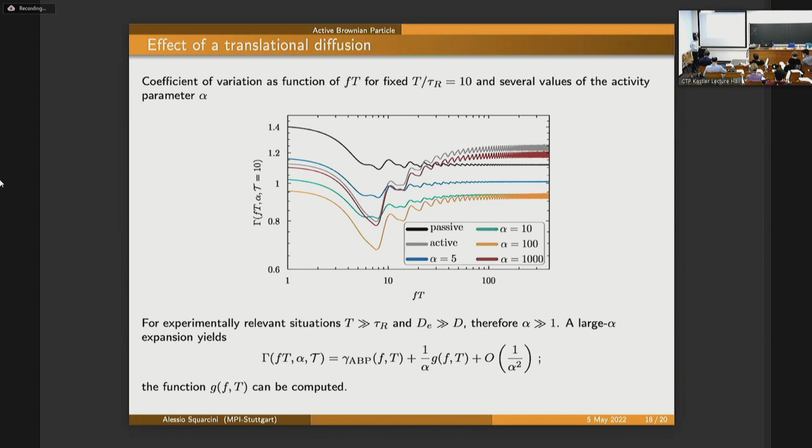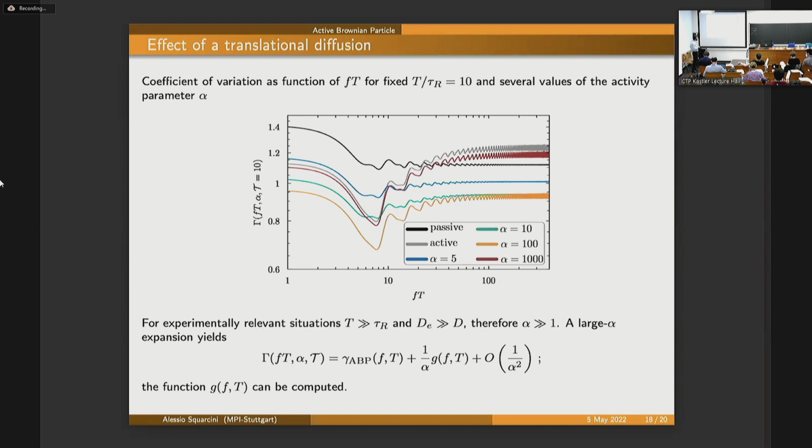Because starting from the passive case, we can start to build up activity. We go to the blue curve, then to the green, then to the orange, and then to the red. And then, when we reach infinity, we get the purely active case. So as you see, there is a really non-monotonic behavior, which is not so easy to understand.